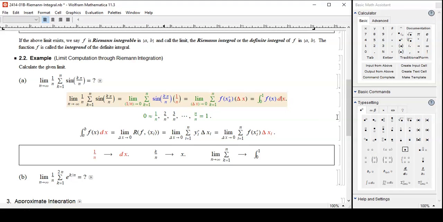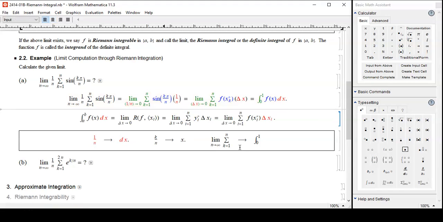Now, the hardest part. What is f of x? So we did this part. The hardest part is this one. It turns out you can change k over n to x. So k over n is x.